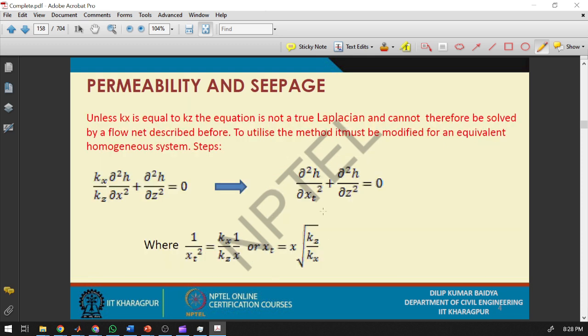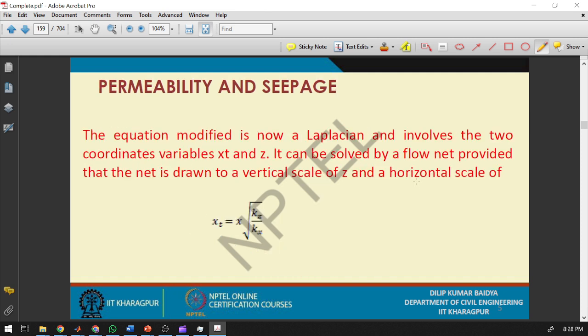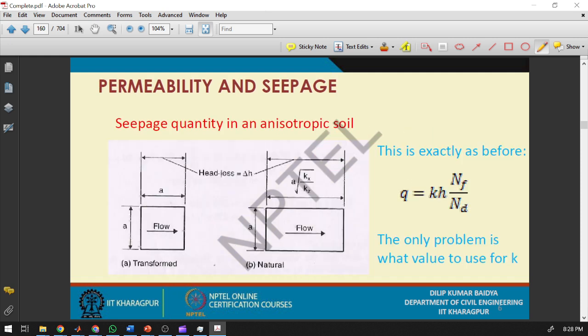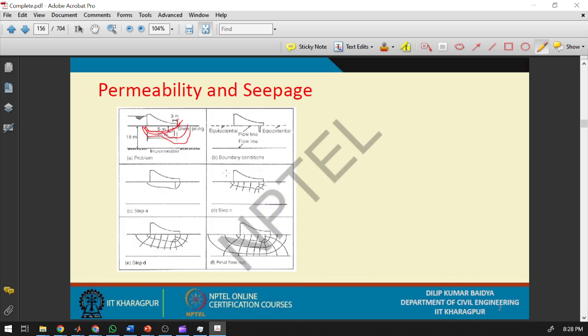And this is what I was saying, that if we have an anisotropic material, we take this Kx and Kz ratio and we transform the coordinate xt, where xt is equal to the square root of Kz by Kx times x, and we transform the whole thing. Instead of plotting x, we plot xt.